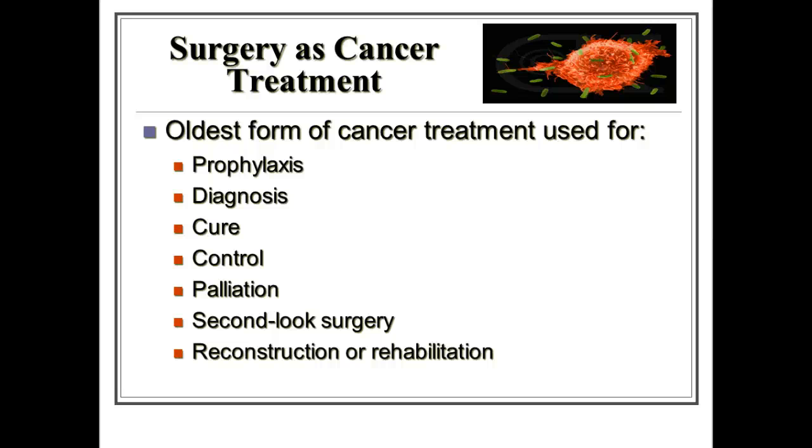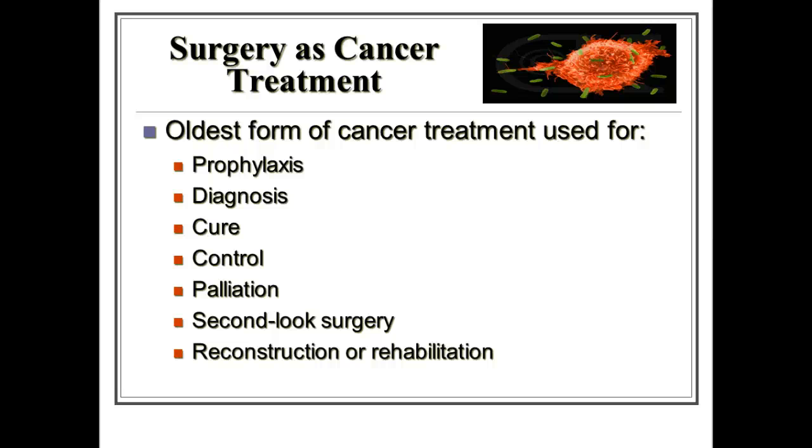Then they have what they call diagnostic surgery. That's when you go in and get a biopsy or remove a lesion or something like that. Curative surgery removes all the cancer tissue.